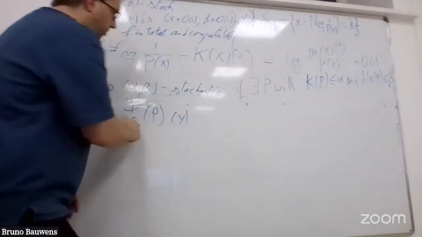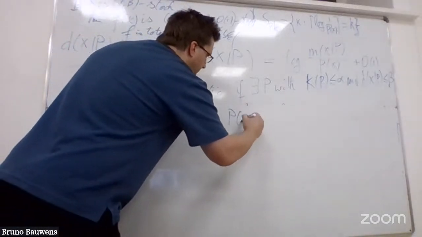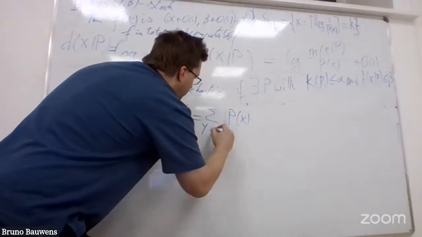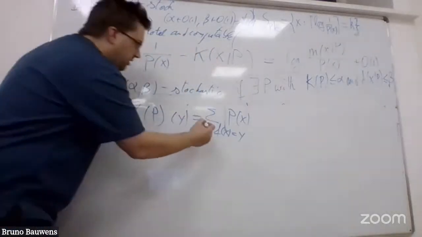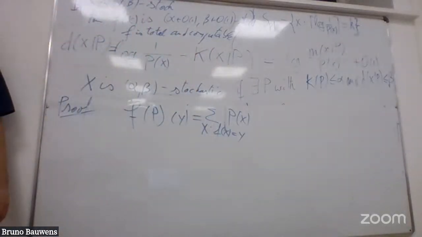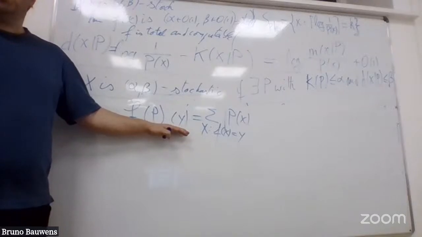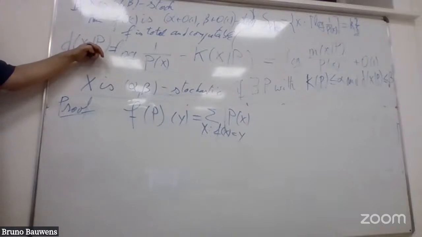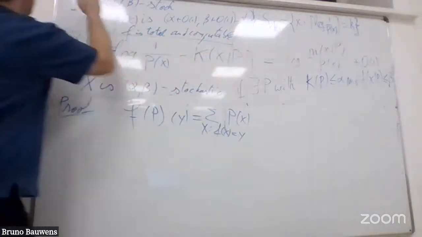The f of p probability of some string y is equal to the sum of all p of x over all x for which f of x equals y. It's clear what it means. We remap, and then the statistic will be f of p. Here is the lemma.